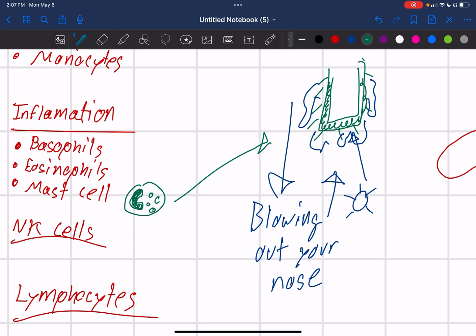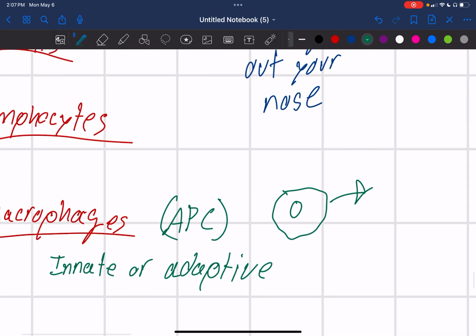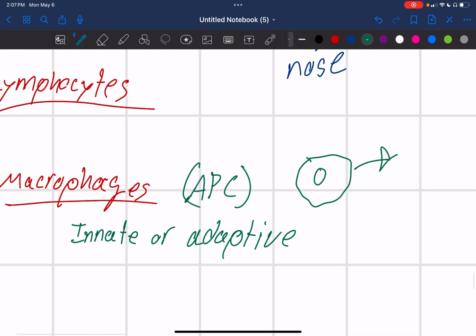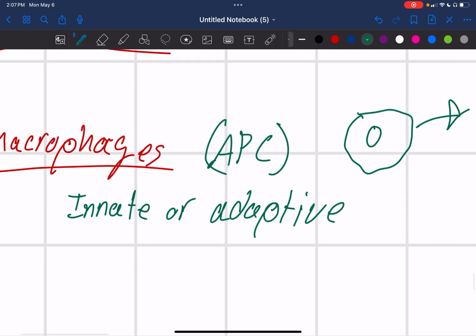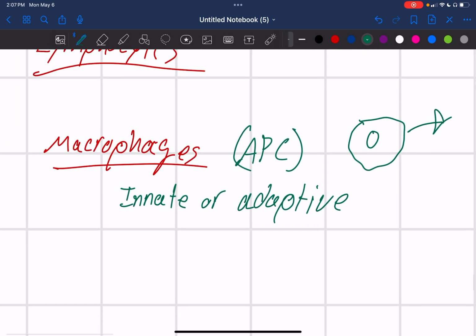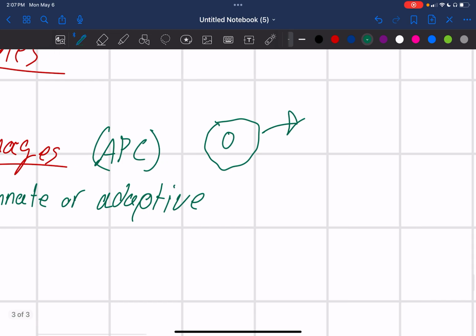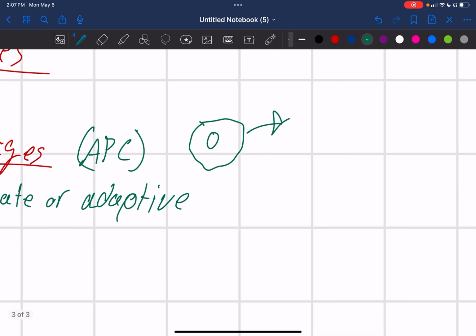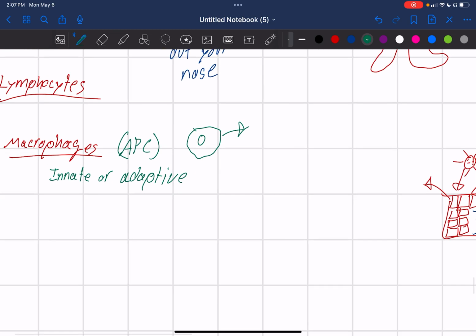As for the macrophages, they are located within the blood vessels. Like I said, whenever a pathogen that doesn't belong there enters your body, sometimes that pathogen can go into your bloodstream, and you want an abundance of these macrophages within your bloodstream.